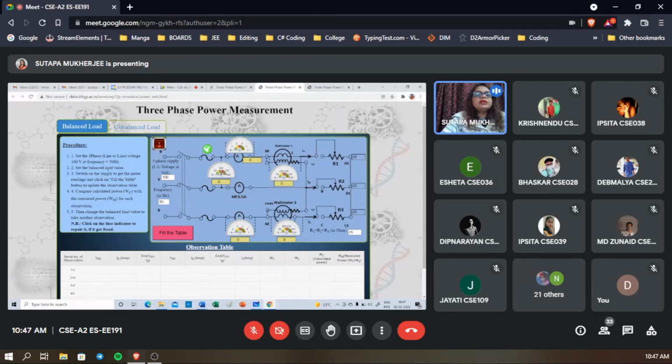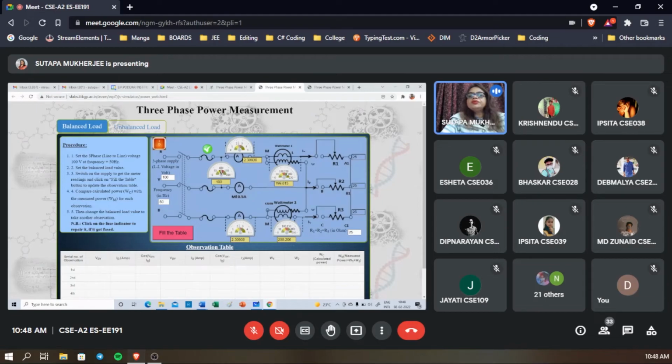Set the balanced load value. This is 25, 25, 25, no problem. Resistive load is here. And switch on the supply to get the meter reading. Wattmeter 1 and wattmeter 2 are here.